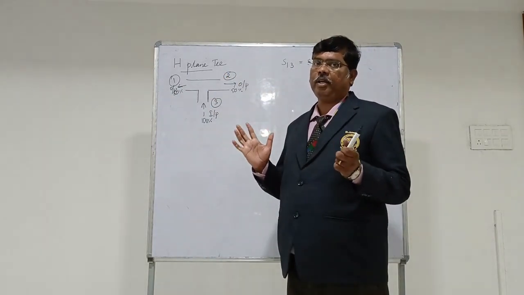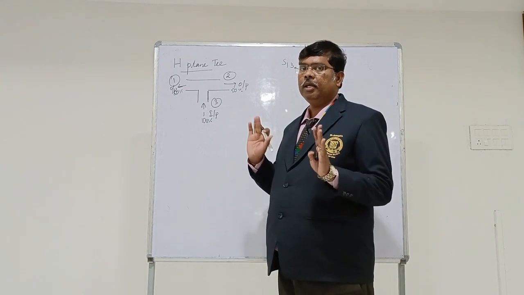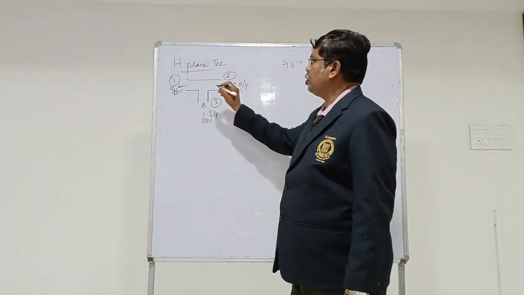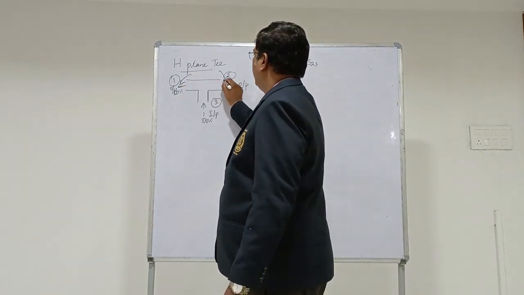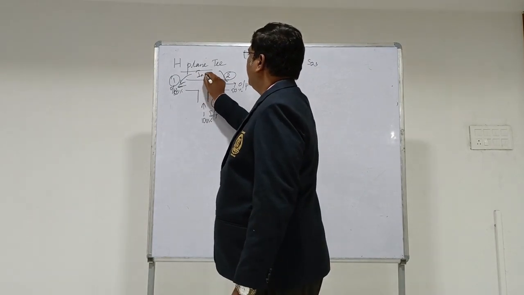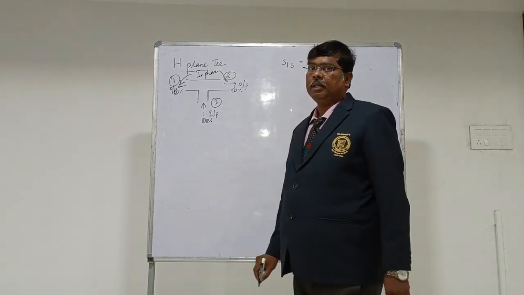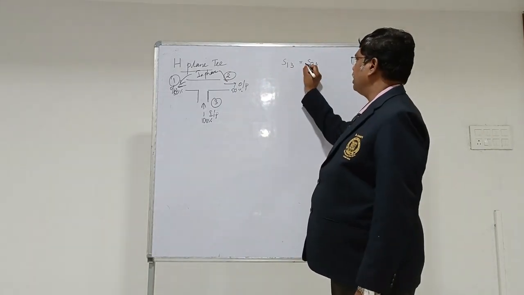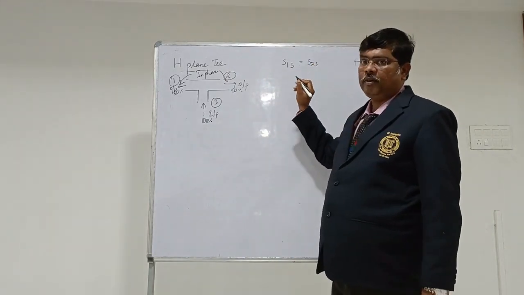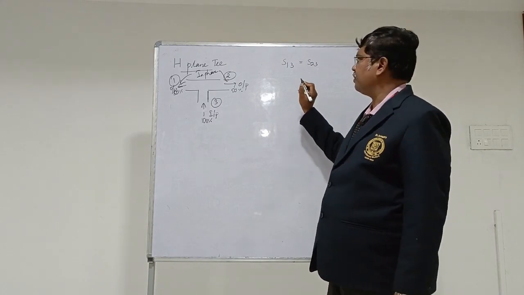The 50% of the power will be distributed in the collinear arms. These two are in phase to each other, whereas in the E-plane T they are out of phase to each other, so I used a negative sign there. Here they are in phase, so I will not use any negative sign.